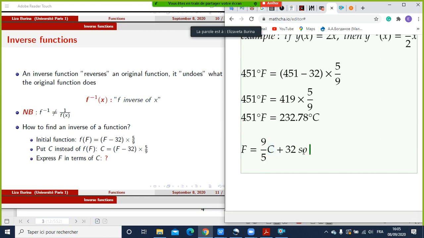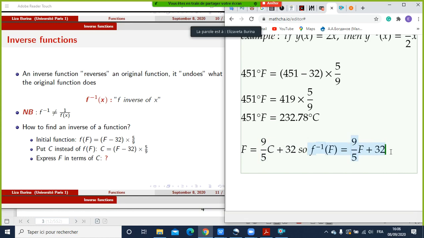So we can also write in the initial terms, just to train the notation, f to the power of minus 1 of f is equal to that, that's how we will write it. Okay, so why do I use f again?